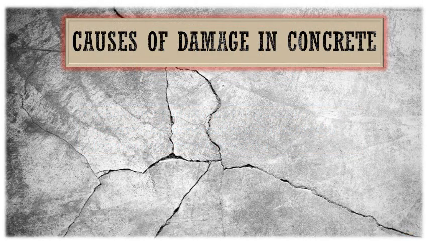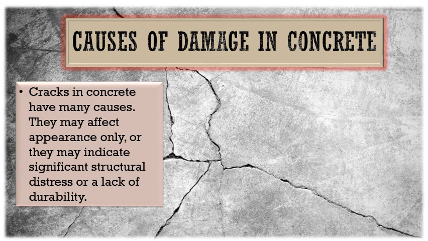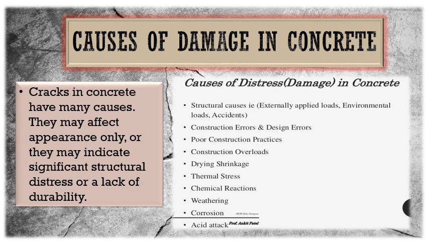The next one is causes of damage in concrete. Cracks in concrete have many causes. They may affect appearance only, or they may indicate significant structural distress or lack of durability. These are the examples of damage in concrete.